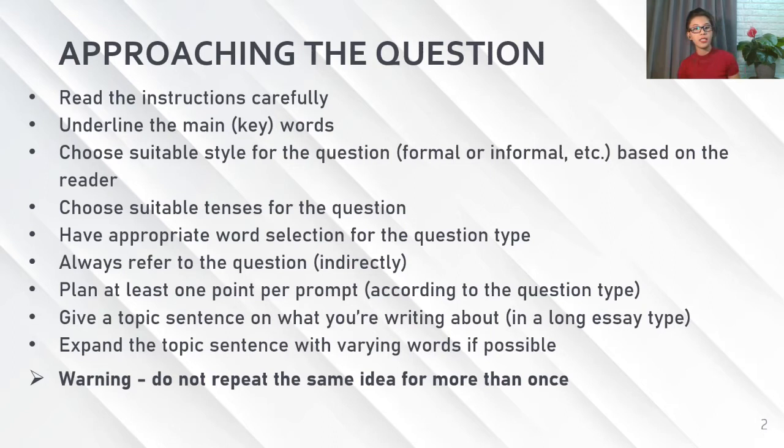And then the next one says give a topic sentence on what you're writing about in a long essay type. This is the same as the previous fact, which says plan at least 1 point per prompt. So if you plan one main point, like the topic sentence, then you have to explain what that point means and what you actually want to say to the readers, to the examiners. When you're writing, it is not just writing.